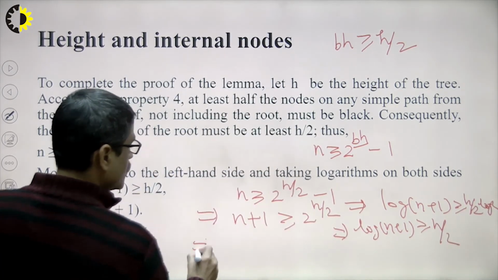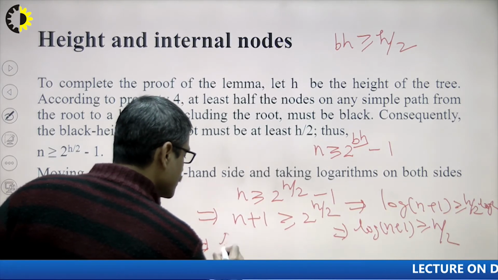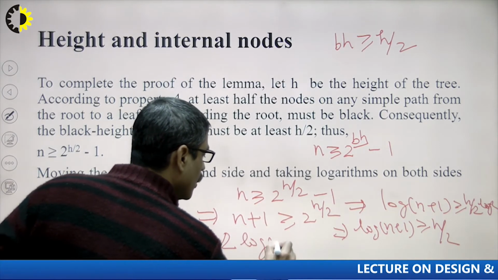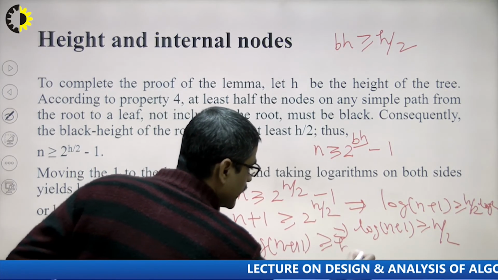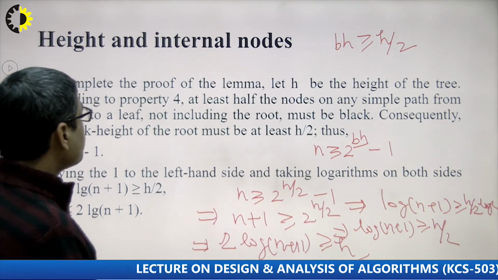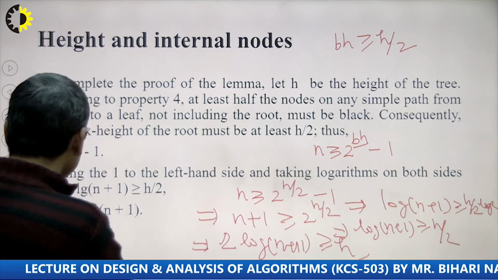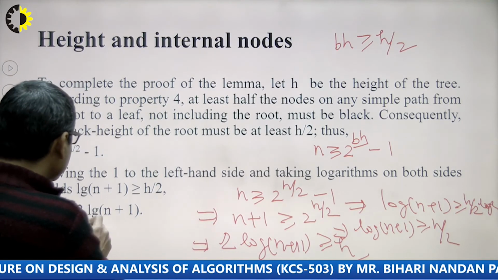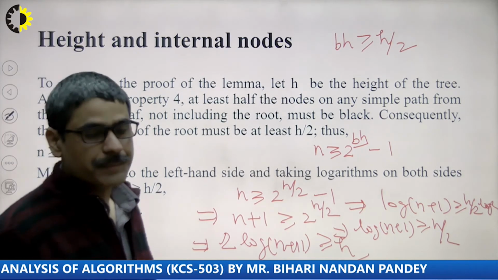Then twice log of n plus 1 is greater than or equal to h. So the height is always less than or equal to twice log of n plus 1, where n is the number of internal nodes.